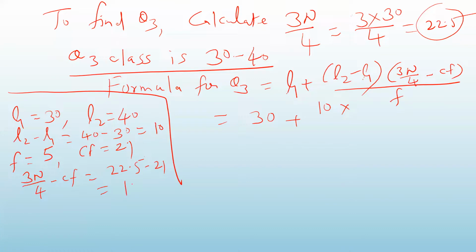तो ये हो गया 1.5. Now let us put everything in the formula. 30 plus 10 into 1.5 divided by F. F कितना है? 5. Correct? कितना आएगा आंसर? So it is 30 plus, ये पहले ऐड करो, ये पहले कैलकुलेट करो. So 10 into 1.5 divided by 5, that gives you 3.